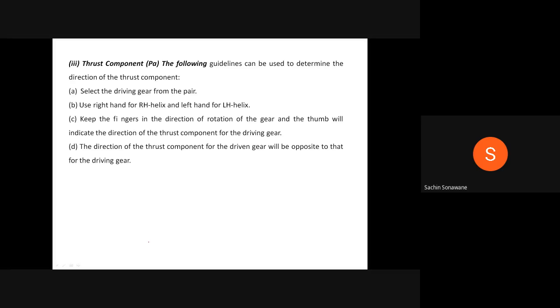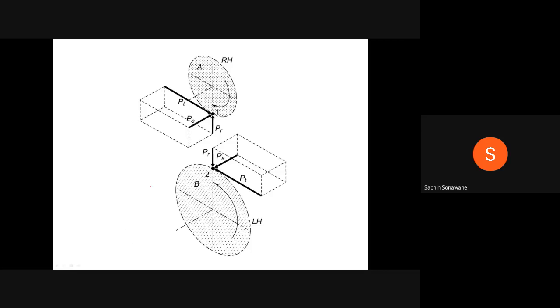Since this pinion rotates in clockwise direction, you have to hold your right hand. Since this is a right hand helix, we have to use the right hand screw rule.